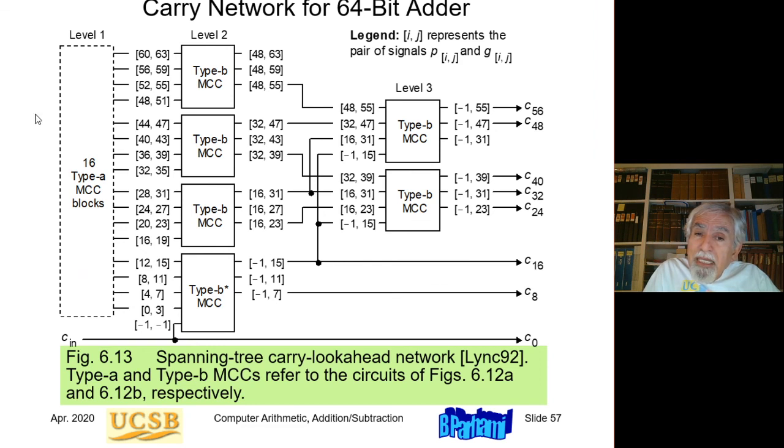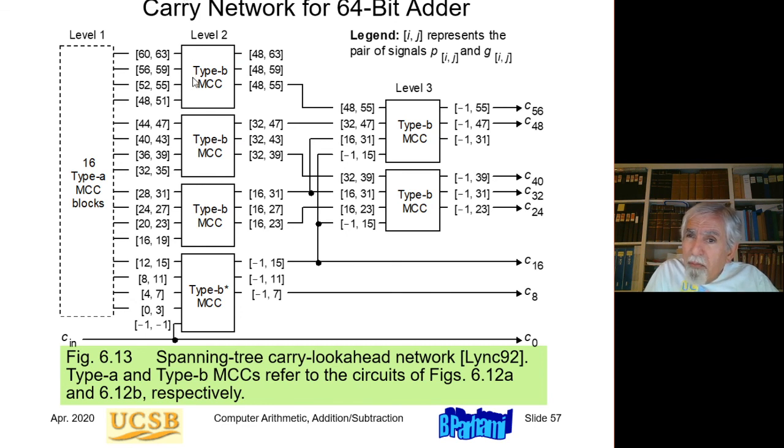So there are 16 type A blocks here on the left that give me Ps and Gs for 4-bit blocks, okay? 0 through 3, 4 through 7, 8 through 11. So these are 4-bit blocks. And each of these lines represents 2 signals, the P and the G, for that group of bits.